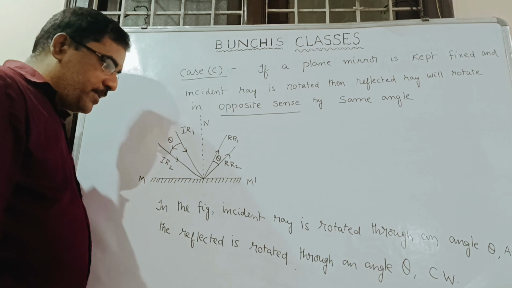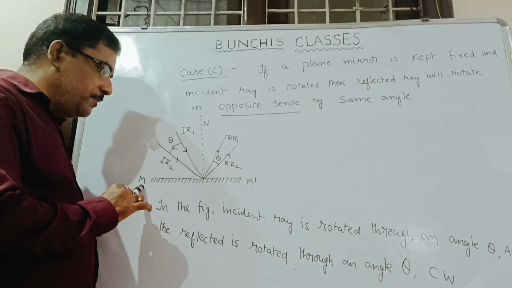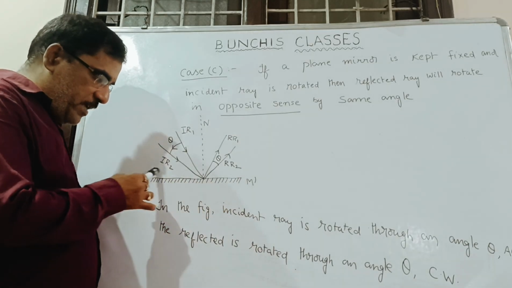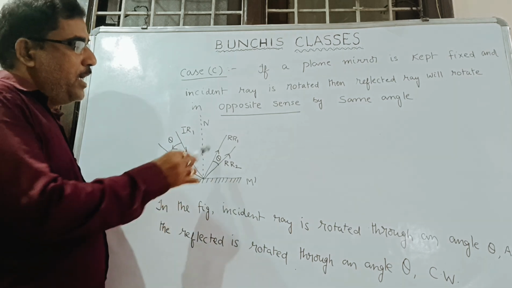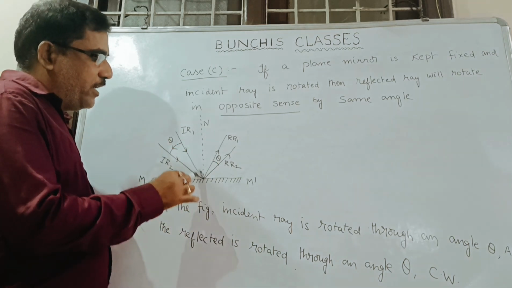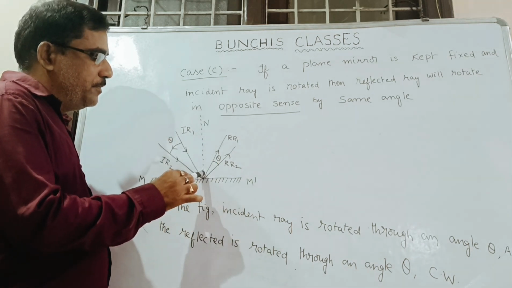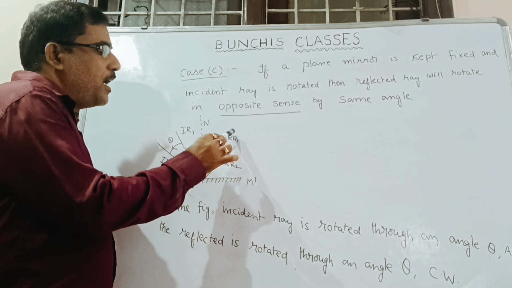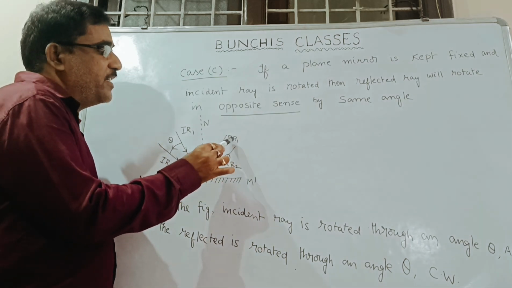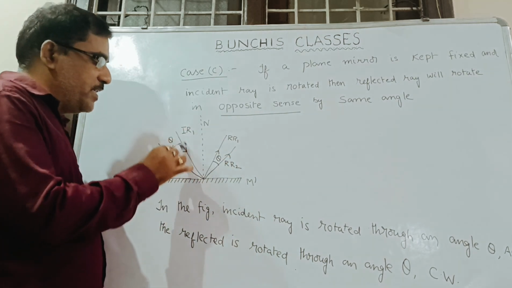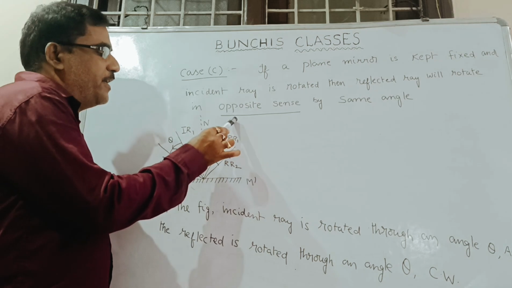Let us observe this. M dash is a plane mirror. This is IR1, incident ray 1. This is RR1, reflected ray 1. Incident ray 1, reflected ray 1.